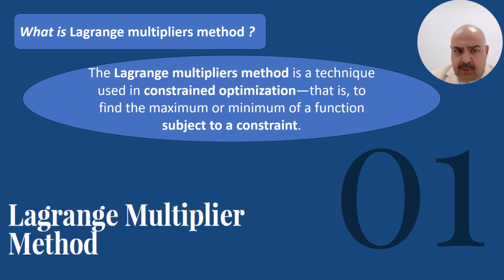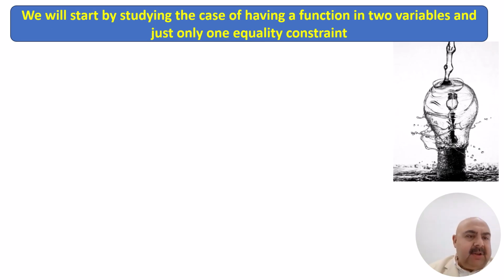As I told you, the Lagrange multiplier method is a technique used in constrained optimization to find the maximum or the extremum of a function, which is the objective function, subject to an equality constraint. Okay, let's start.